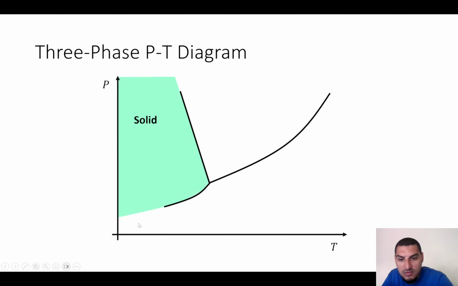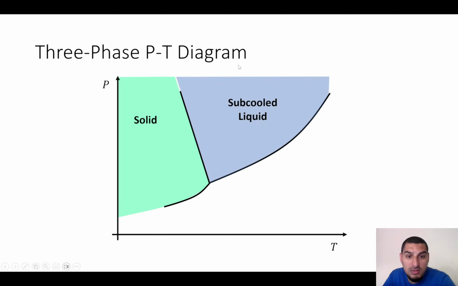It needs very low temperature, so the low temperature region would be the solid region. And then we will have the liquid, which we call the subcooled liquid, which is not saturated liquid. This is the liquid phase, and then we have the vapor phase in this region, which for water is going to be superheated steam. Superheated, which is higher than the saturated vapor temperature.